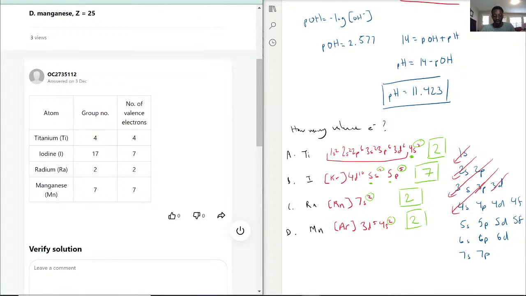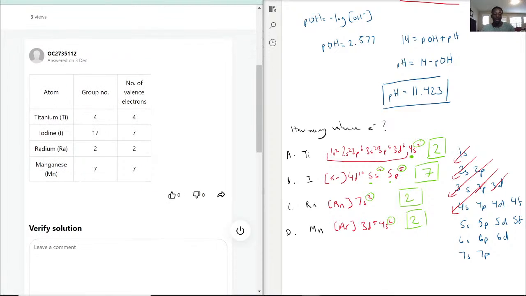But the radium is correct, the iodine is correct, and titanium is also incorrect, it would only have 2, which is why you stress the importance of the electron configuration. This is incorrect. Need to use electron configuration. And that is I guess the beauty of it.